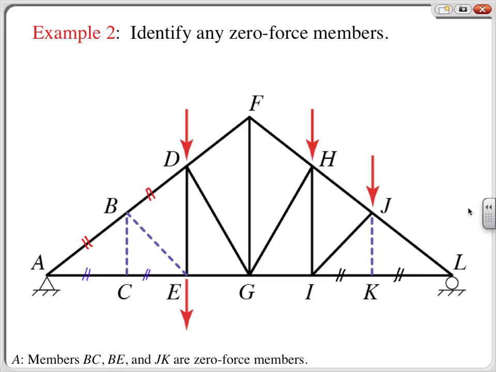In fact, even though there are no additional zero-force members, we can take this one step further and note that equilibrium of joint E tells us that EG carries the same load as CE, and member DE is carrying a tensile force equal to the load applied at E. If we begin this problem by finding the reactions at supports A and L, and then apply equilibrium to joints A and L, we will have determined the loads carried by 12 of the 21 members of the truss with relatively little effort.